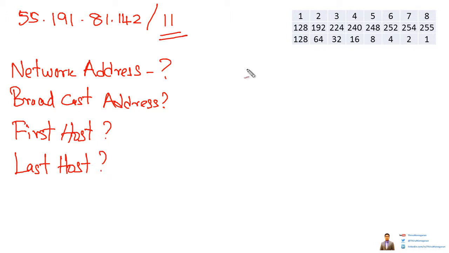First, we need to know what the interesting octet is. We are looking at the subnet mask value /11, which is 8 plus 3 plus 0 plus 0, so we are interested in the second one. What is the interesting octet?